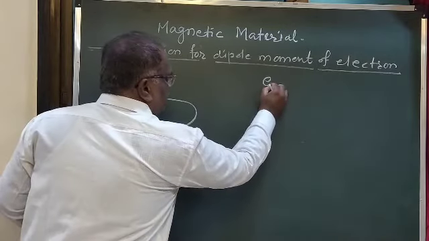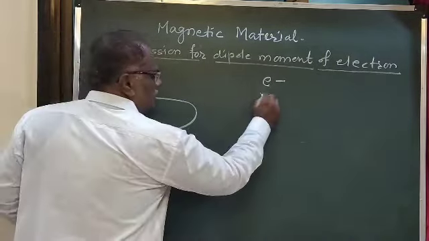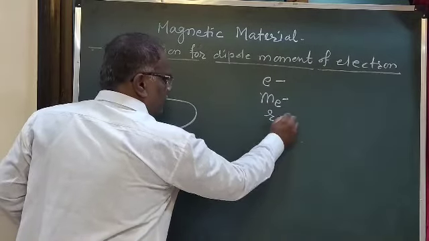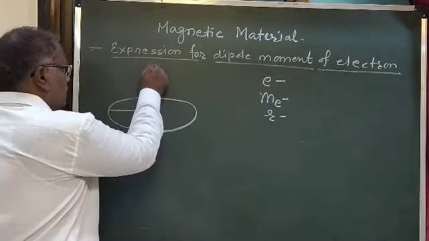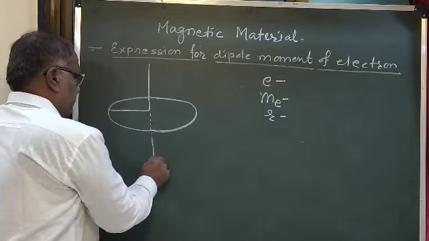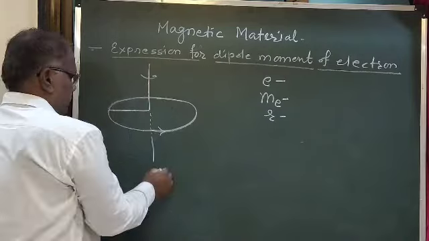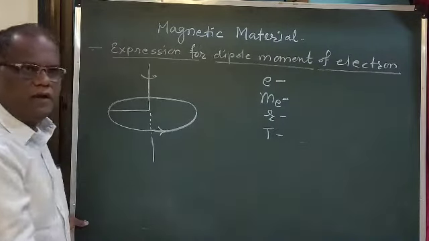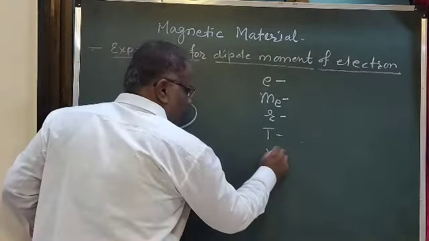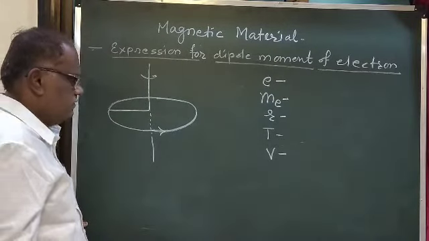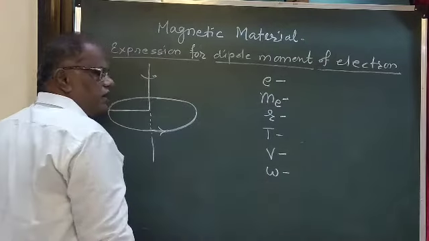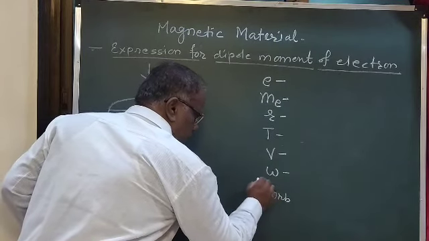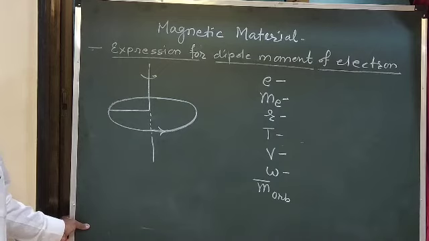Let e is charge on electron, m suffix e mass of electron, r radius of orbit of electron, T time period of electron, v linear velocity of electron, omega angular velocity of electron, m orbital magnetic dipole moment of electron.